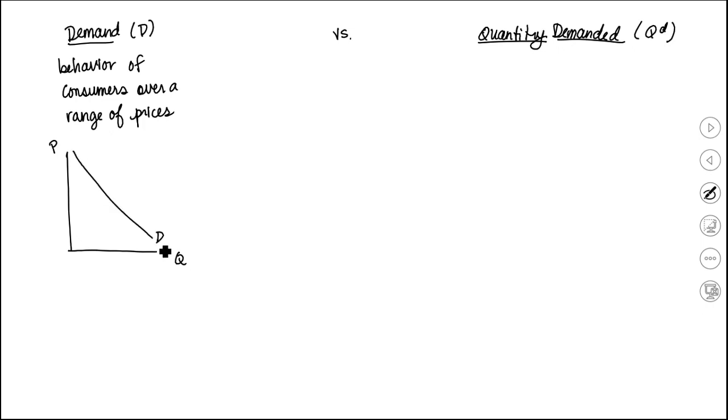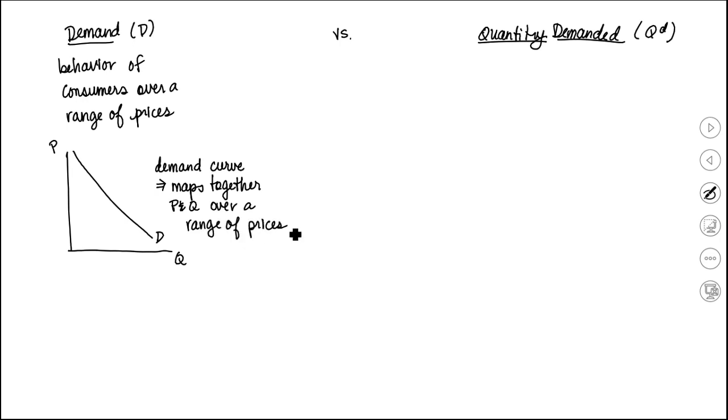So remember, demand is a demand curve. It might be linear as I've drawn it here, but we call it a demand curve. And we notice that a demand curve maps together price and quantity over a range of prices.